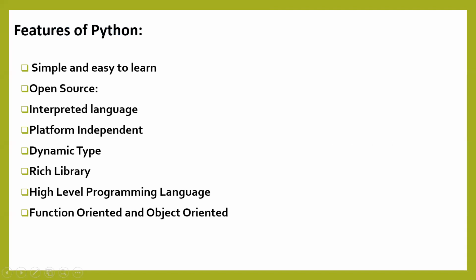What are the features of Python? It means you have chosen Python as your programming language, right? Now you can see that it is simple and easy to learn. What does it mean? Simple means we can read the statements in English.